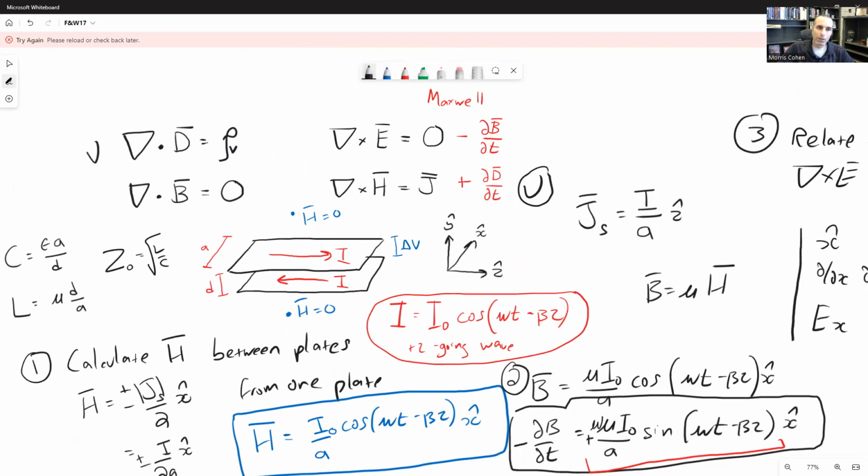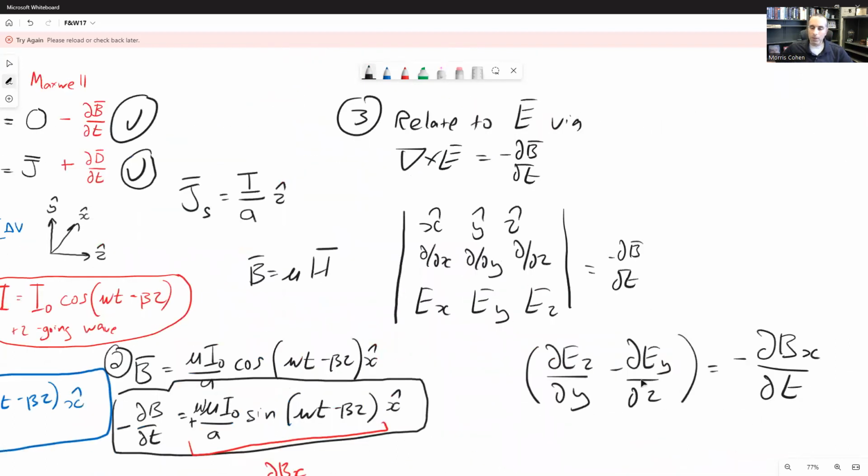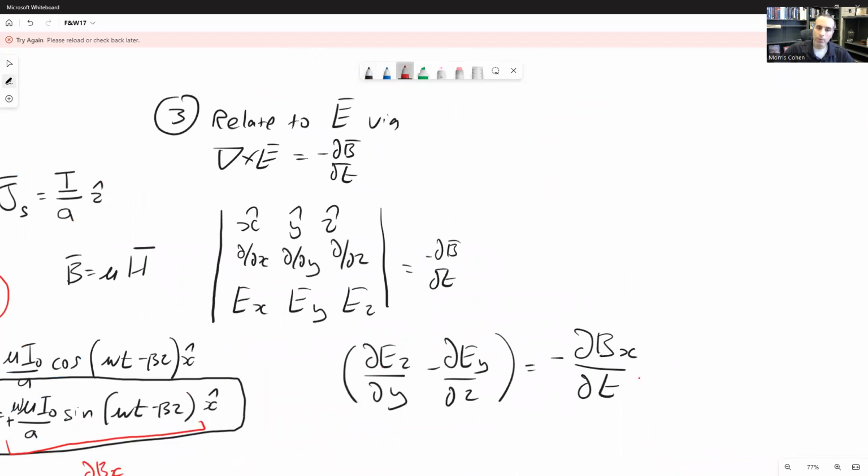So we've now used this first equation right here in addition to the second. So you can see we've now used 3 of the 4 Maxwell's equations, and we're almost there. But the upshot is that we can get rid of this term right here, because we know that Ez equals 0. There can't be an electric field that is parallel to the plate. There can only exist an electric field that's in the y direction between the plates.